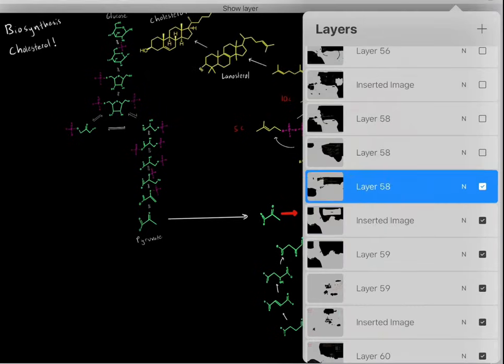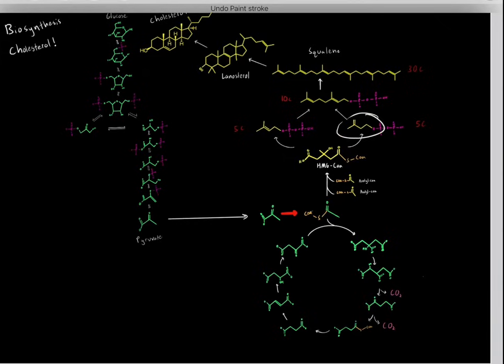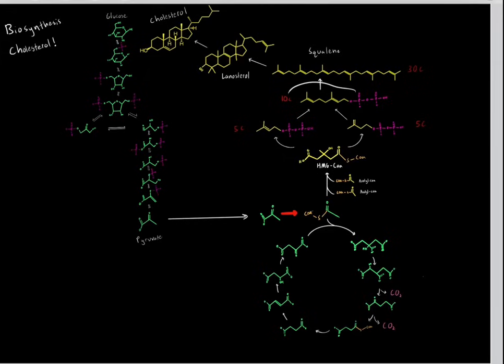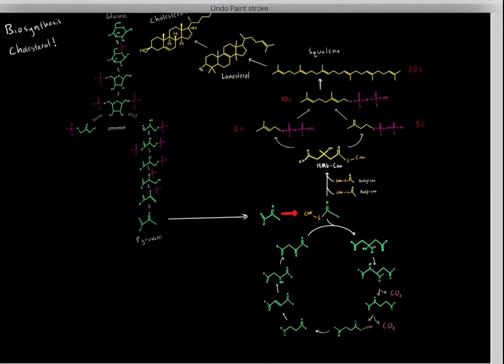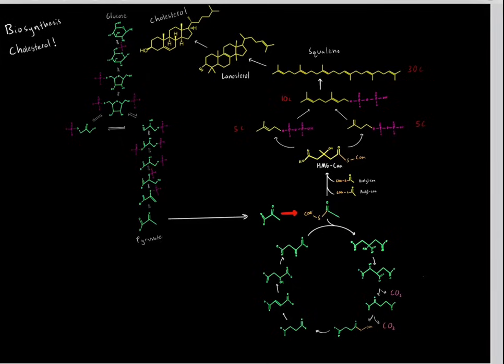For example, we can take 2 of these 5 carbon units, react them with each other to form a 10 carbon unit. Then we take a 10 carbon unit, react it with the 5 carbon unit to form a 15 carbon unit. Then we react two of those 15 carbon units to form a 30 carbon unit, which is referred to as squalene.